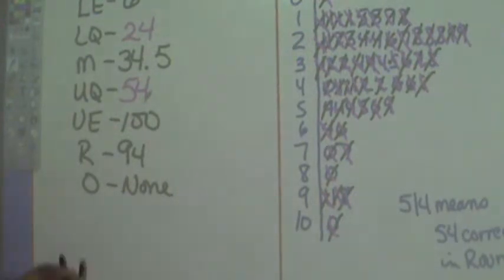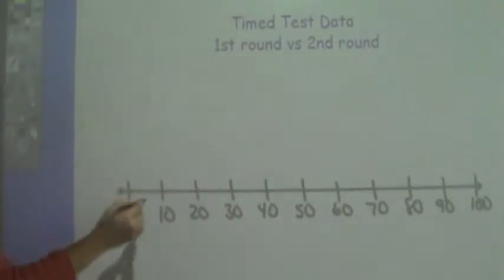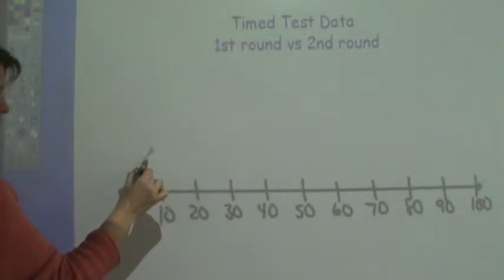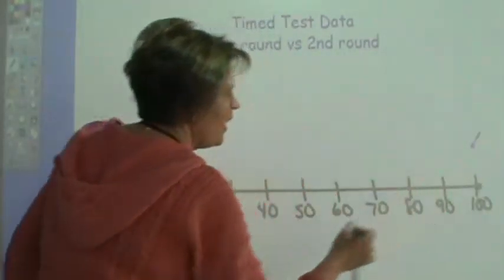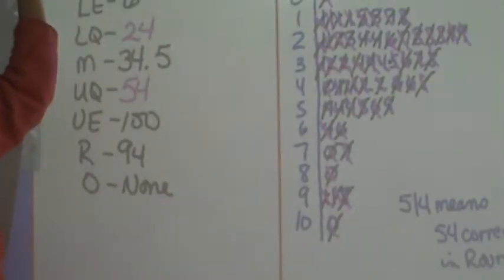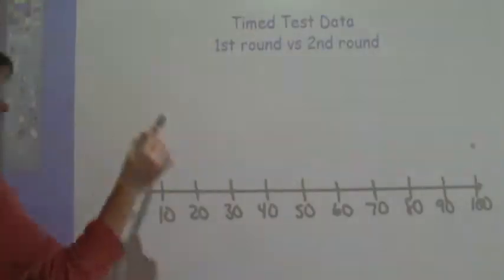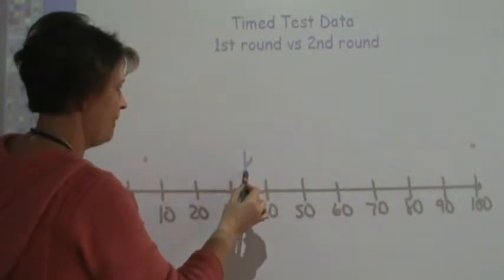Now we're going to go back to the previous page and graph this. Our lower extreme is at 6, right here at about 6. Our upper extreme was 100. Our median was 34.5, so we mark that with a vertical line.